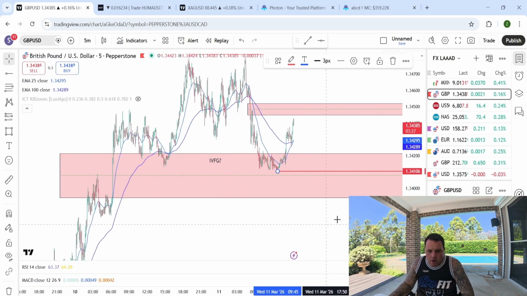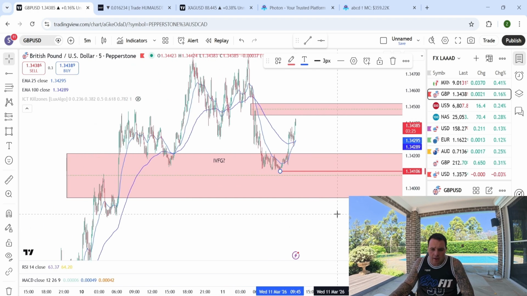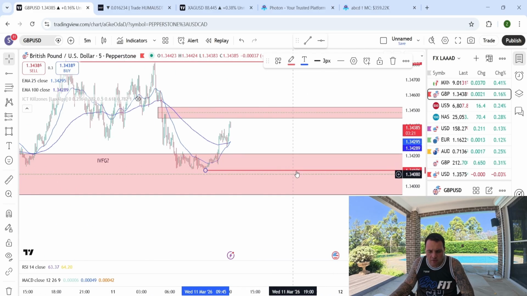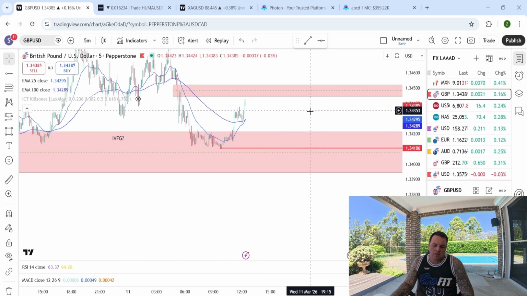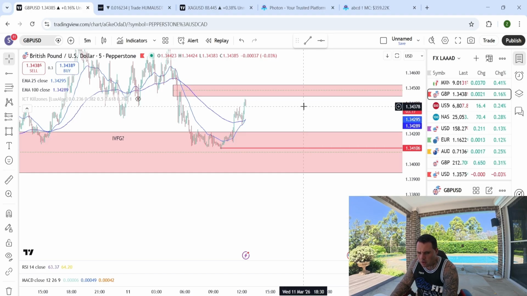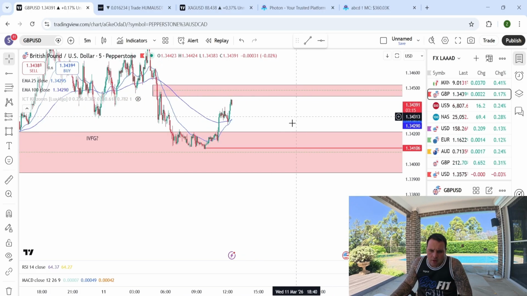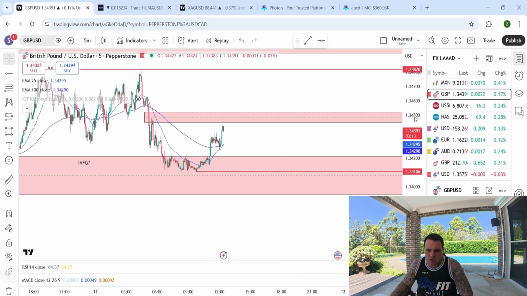And then we'll have confirmation that we will be trending downwards on the 15 minute. So this is the 5 minute chart now. What we're looking for now is price to sweep the liquidity from this zone.